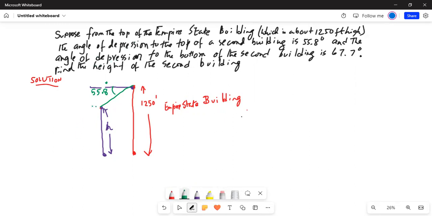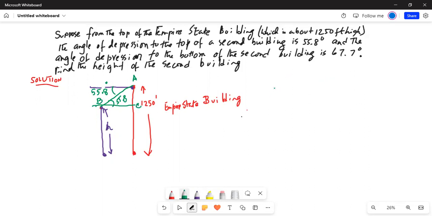Similarly, if I draw another horizontal parallel line over here, because the two horizontal lines are parallel, this angle is itself also 55.8 degrees. Call the top of the Empire State Building point A, the top of the second building B, and this point C.